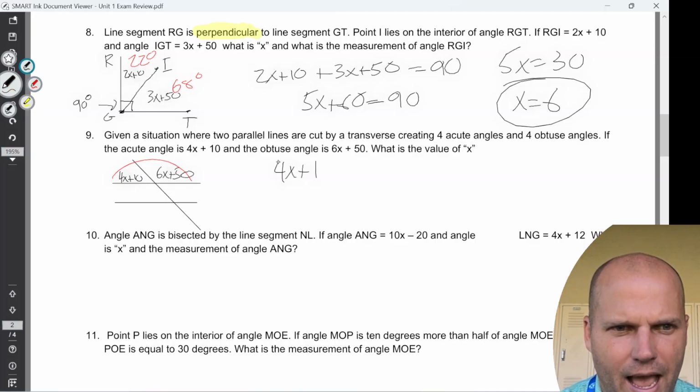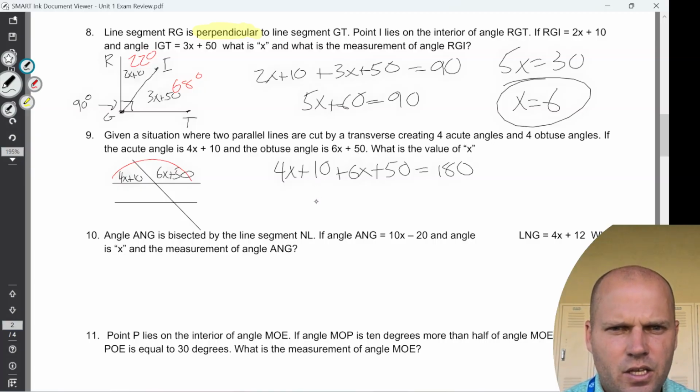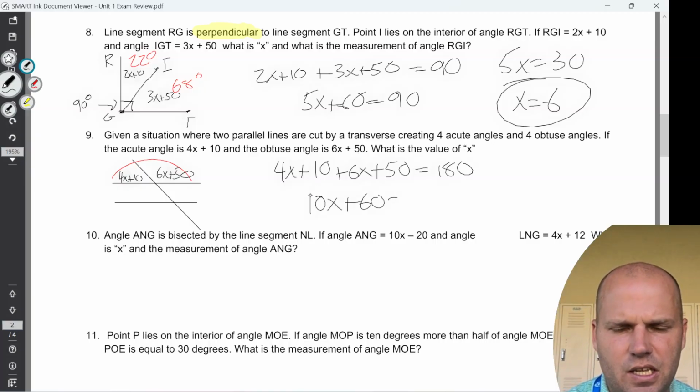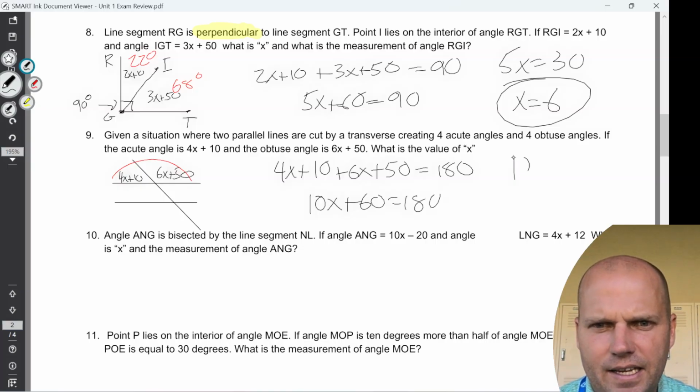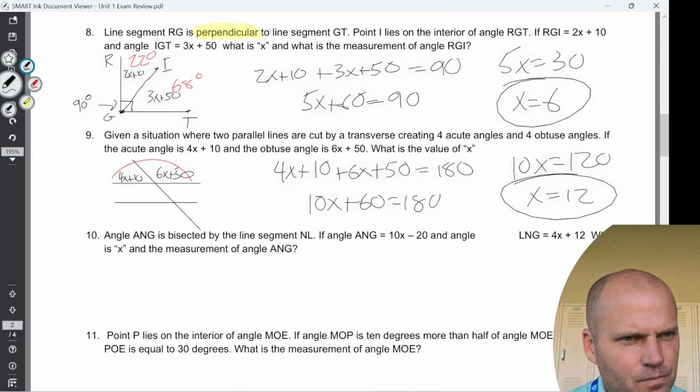So I'm going to add up the angles and set them equal to 180, giving us 10x plus 60 equals 180, 10x equals 120, x equals 12. That's the value of x, which is what I'm being asked.